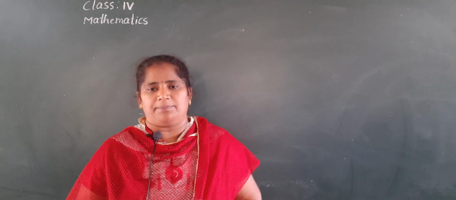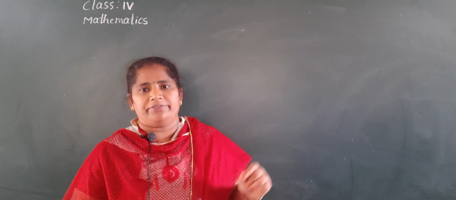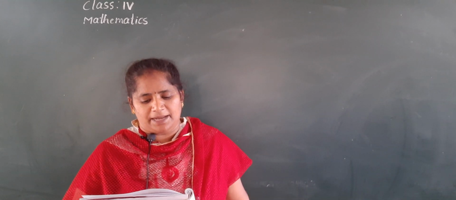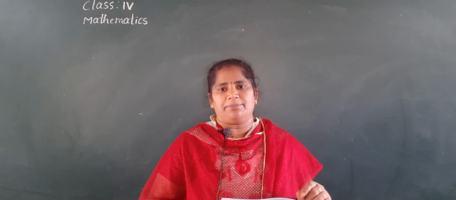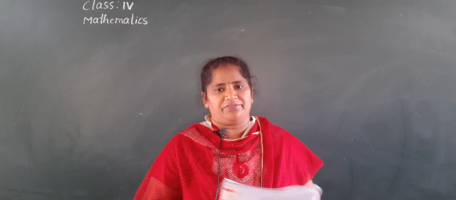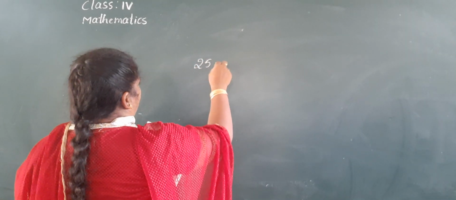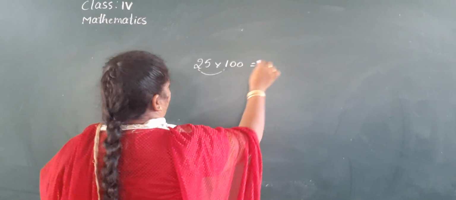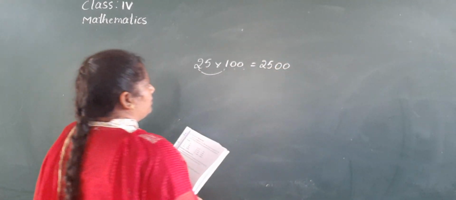If a number is multiplied by 10, first we multiply the numbers, after that we keep 0 to the right side of the product. When we multiply by 100, first we multiply the numbers, after that we keep 2 zeros to the right side of the product. Let us take one number, 25 into 100. Multiply first these numbers, 25 ones are 25, and keep 2 zeros to the right side of the product.